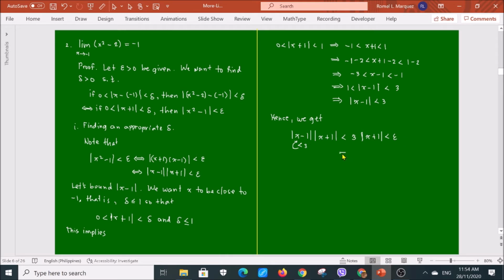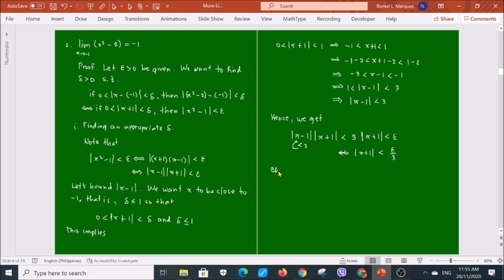Did you get that, guys? This is less than epsilon, but this is less than 3 times the absolute value of x plus 1, and that is less than epsilon. And I can divide this by 3. So I now get epsilon over 3 also.